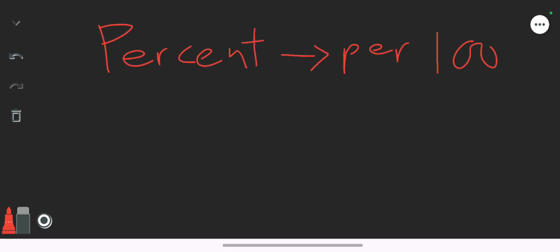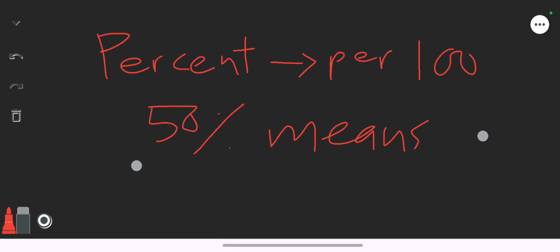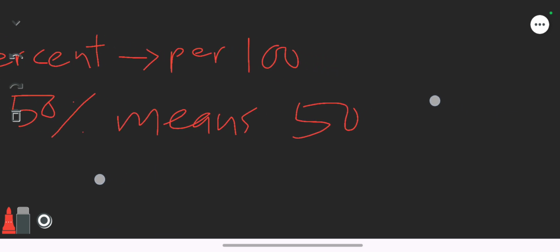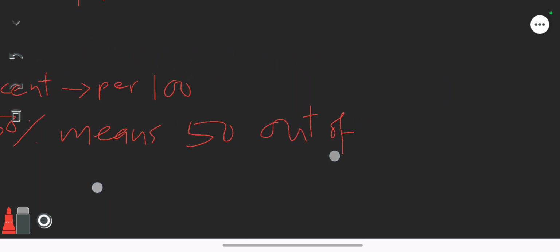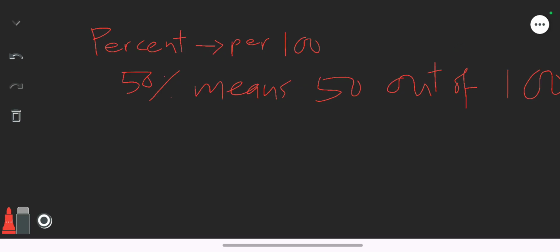So here we have 50%, it means 50 out of 100. Okay, so let's look at some examples of percentage.